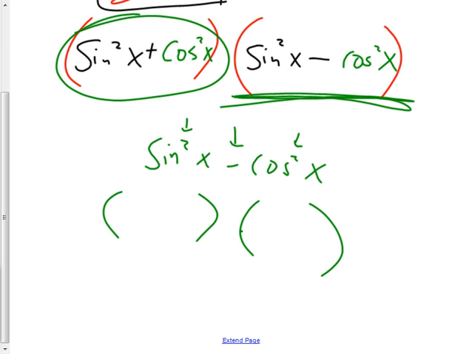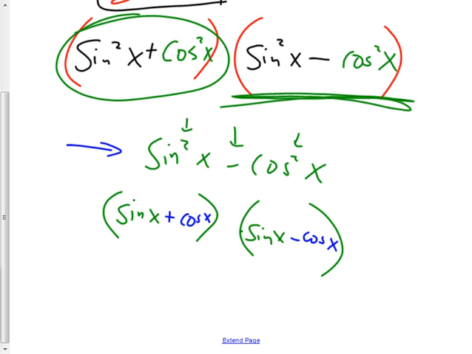All right, so let's say this would be sine of x and sine of x. And then the other one is cosine x, and this is plus and this is minus. Now, is that any simpler than it was before? No. So I could have probably just left it this way.